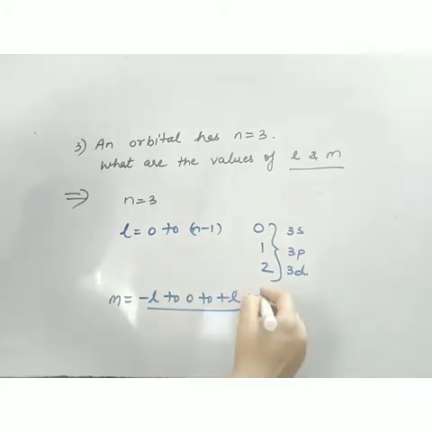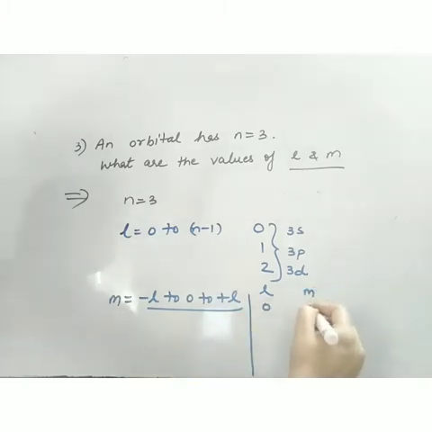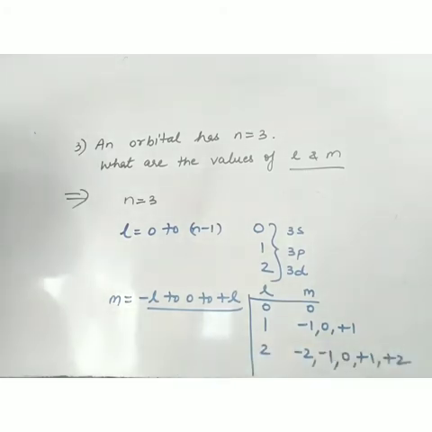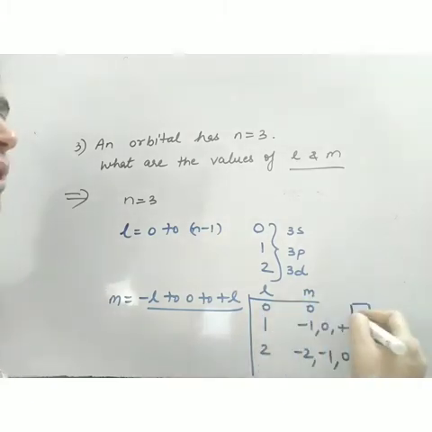So if your L is 0, your m will be 0. This is the first value. If your L is 1, it will be minus 1, 0 and plus 1, 3 values. And if it is 2, it will be minus 2, minus 1, 0, plus 1 and plus 2. Now since one value is there, one orbital is there.